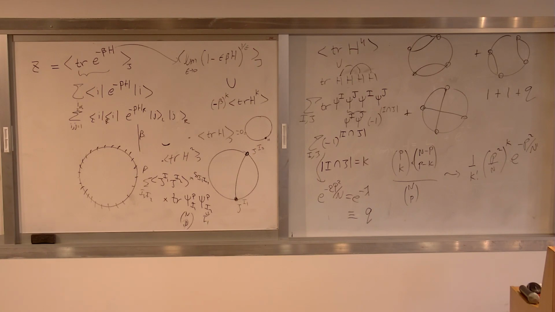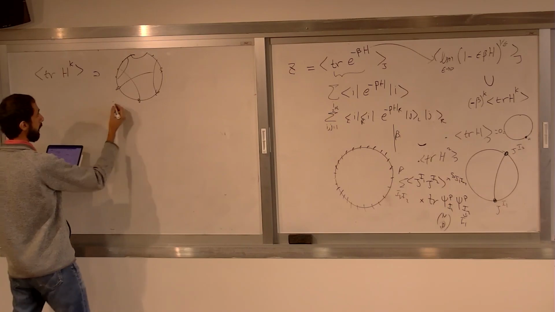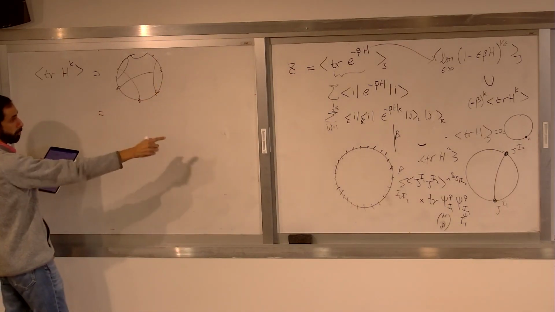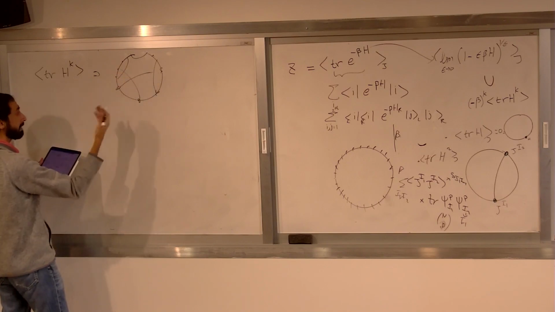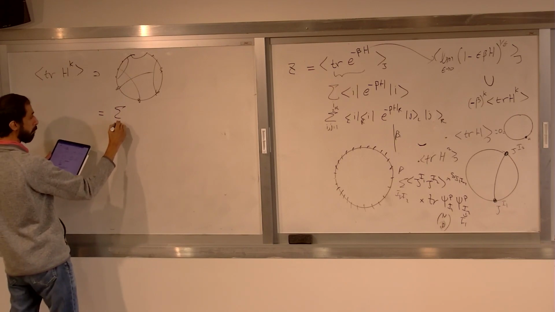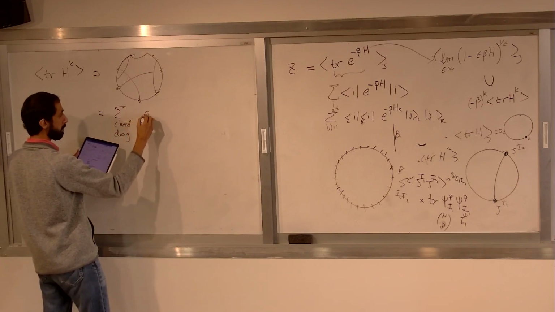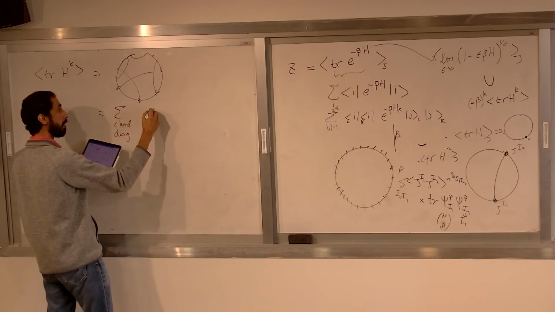So for trace h to the k, you have to put k insertions of the Hamiltonian. And then you draw all possible chord diagrams, and so on. And then all you need to do is count the factors of q, the number of intersections, and that assigns a number to each diagram. So the total answer for this is a sum over chord diagrams times q to the intersections.